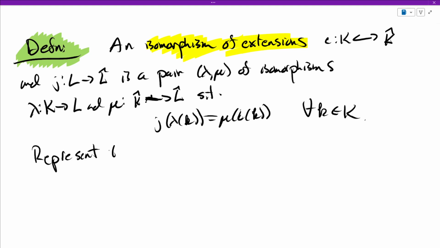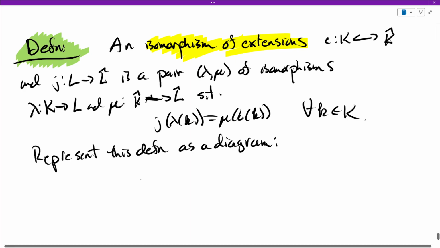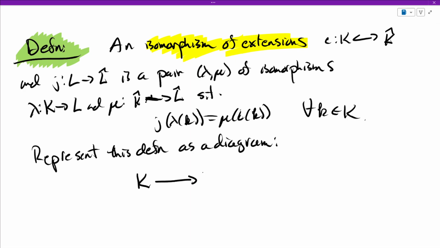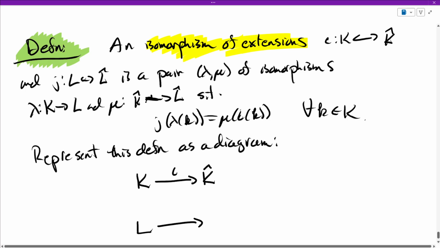We can represent this definition as a diagram. And what's our diagram? Well, we have a field extension, k to k hat. I'm calling it iota. And then we have another field extension, L to L hat. And I'll give you an explicit example here in just a second.